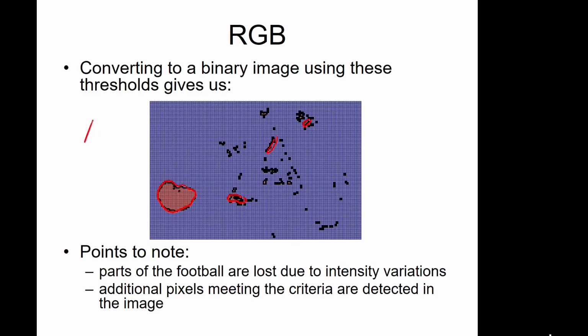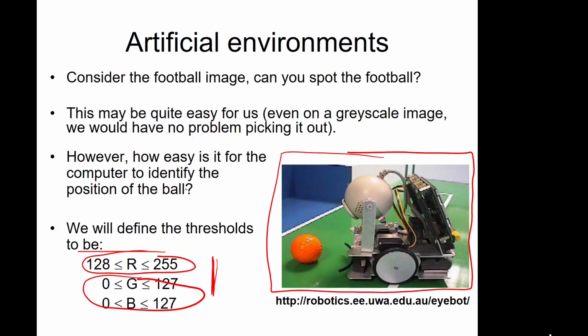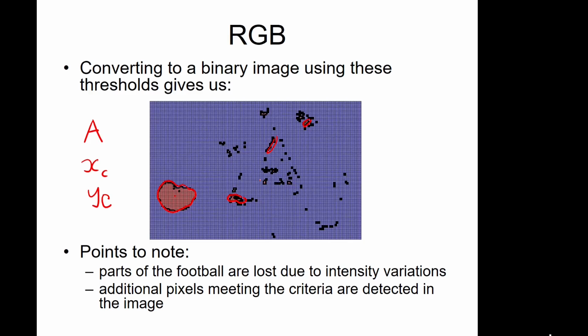So we've worked out the area to identify this is the object we want. We'll now work out the center of area of that object. So if we sum up all the x values and average them, and sum up all the y values and average them, we'd get to a point around here somewhere. And therefore, from that colour image, from our original image there, the robot knows it needs to head in this direction here in order to interact with the football.